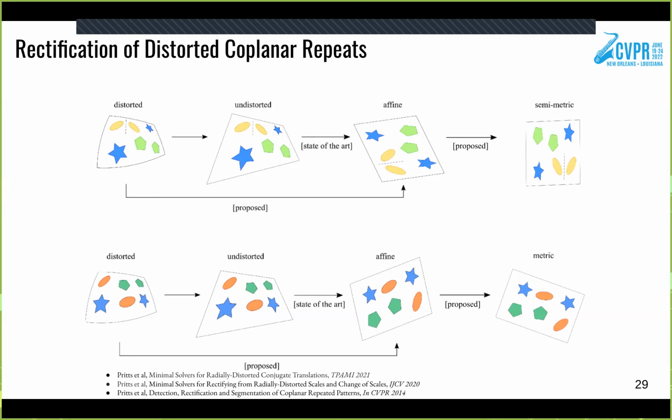In particular, the state of the art before our work was that if you had an undistorted, rectilinear image, you could get to the affine rectification through this. But what we propose with these minimal problems is to jointly get to the affine rectification, which I will motivate again in a second. What's the motivation for minimal solvers? We'll talk about it in a second.